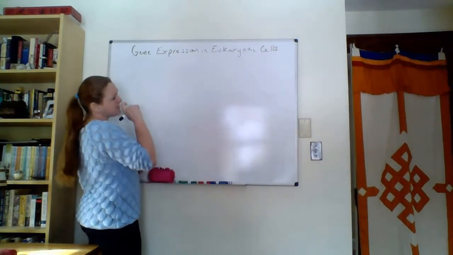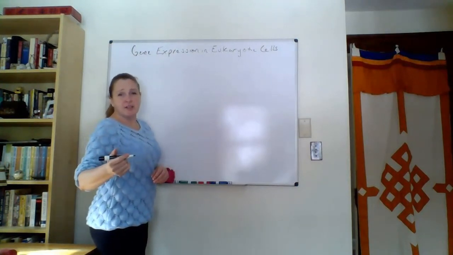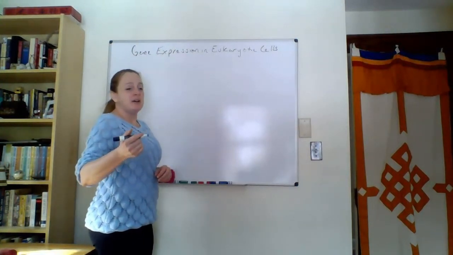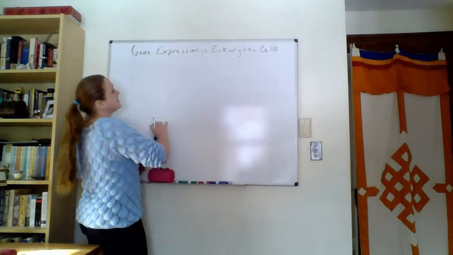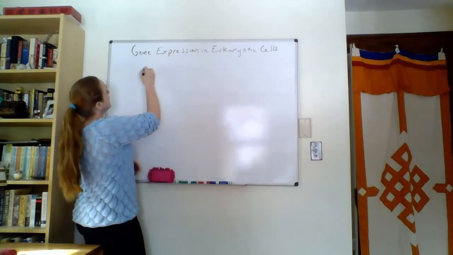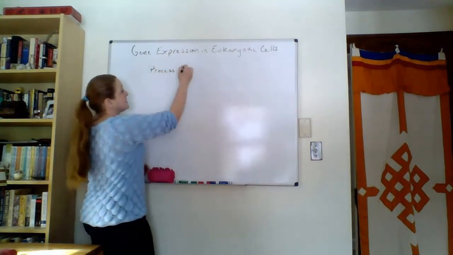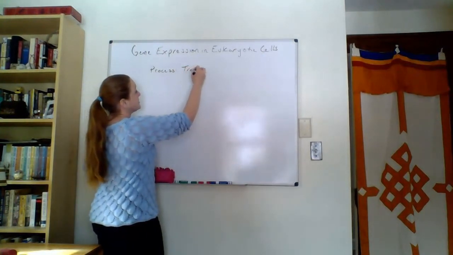Gene expression in eukaryotic cells is also called the central dogma of cellular biology. It is the two processes of transcription and translation. Our first process that we want to cover is transcription.